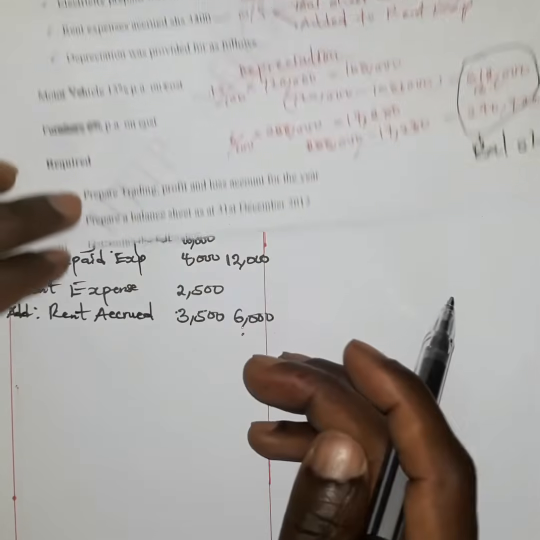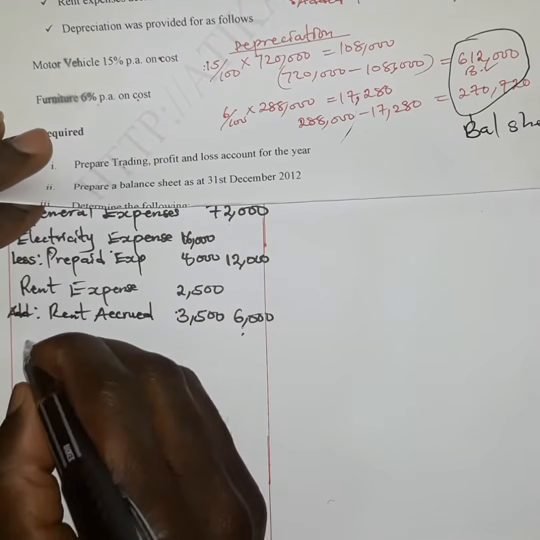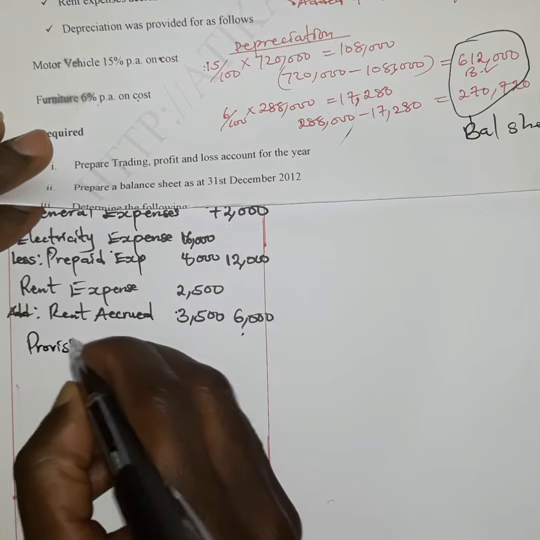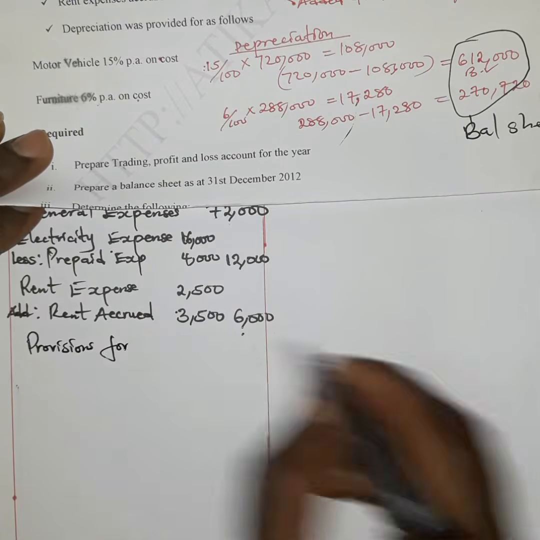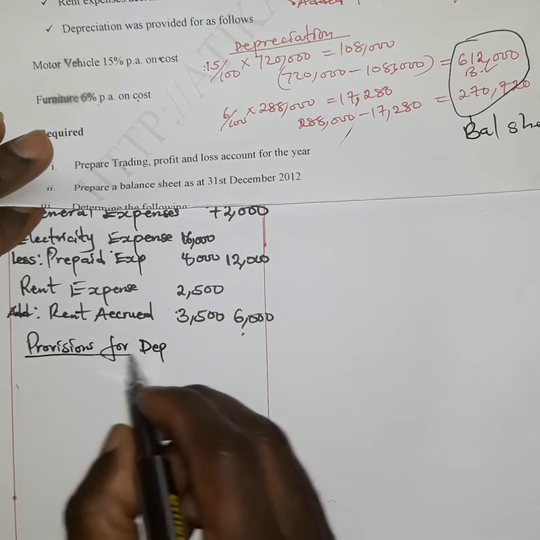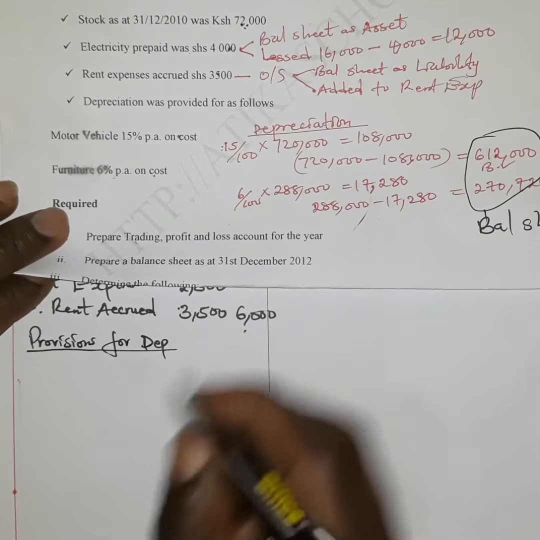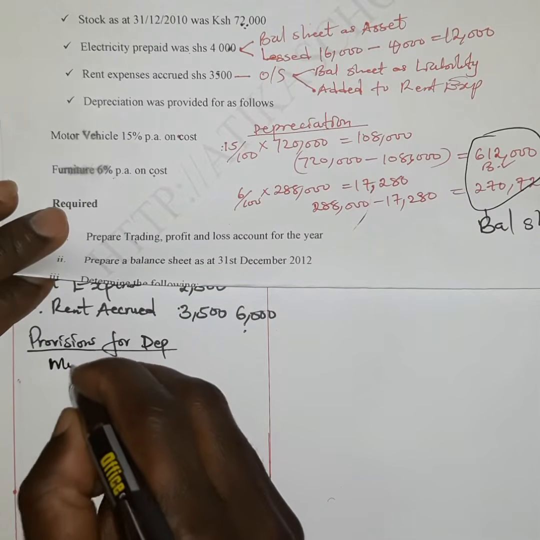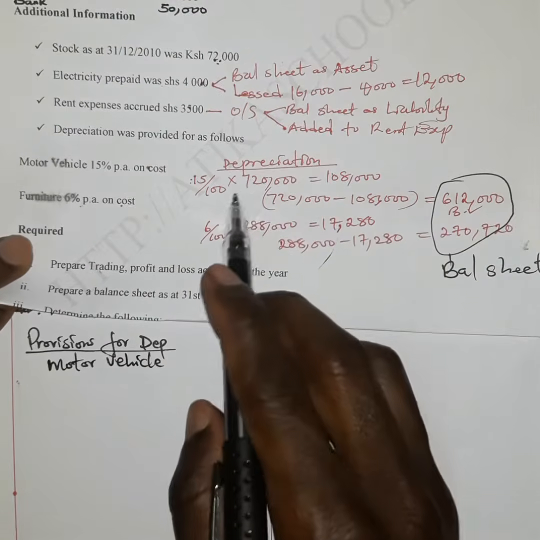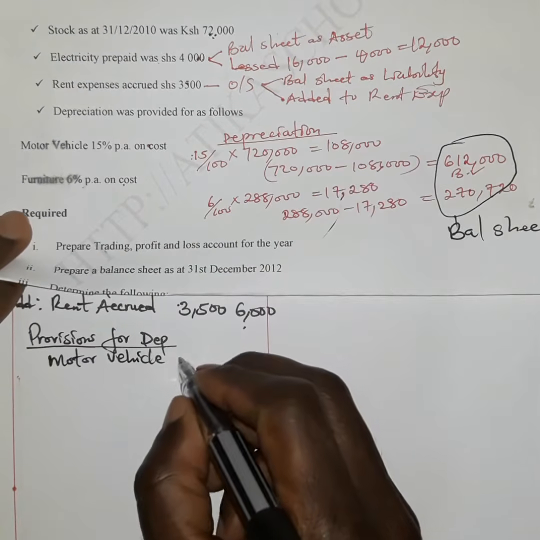I think we still have some other expenses to do with provisions for depreciation. The first one was the motor vehicle depreciation. On motor vehicle, which was 15%, we got the value of 108,000.